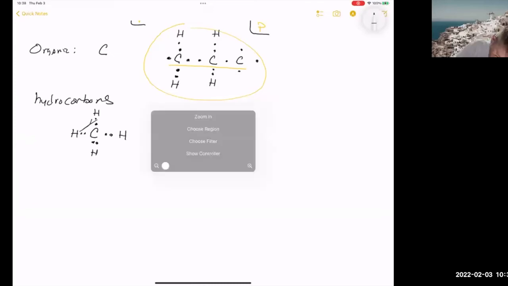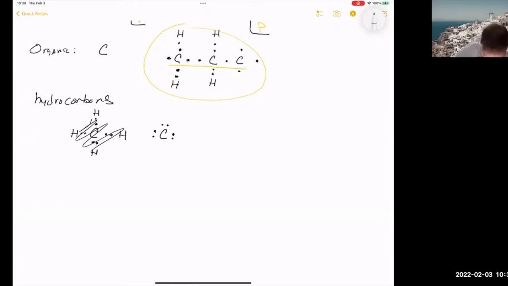Let me draw that a little differently. There we go. CH4. 1 carbon and 4 hydrogens, right?